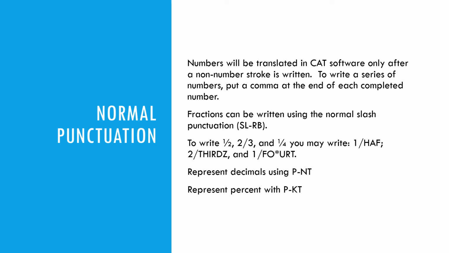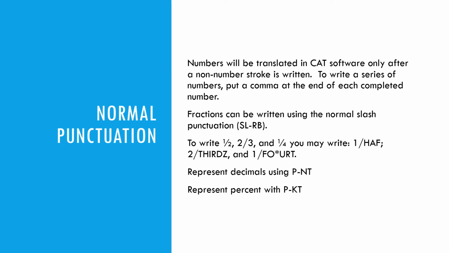To get the percentage, you write PKT. If you want to get 2%, you write 2 on the number bar, and then PKT. You are going to get "percent." You might find that in the dictionary you have with your software, you may get PER and CENT.